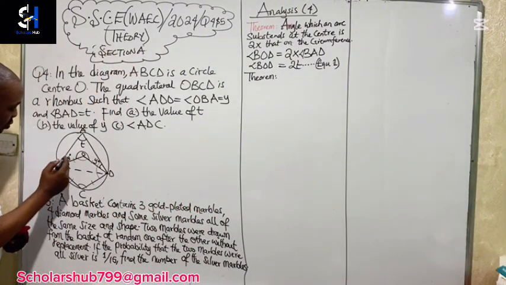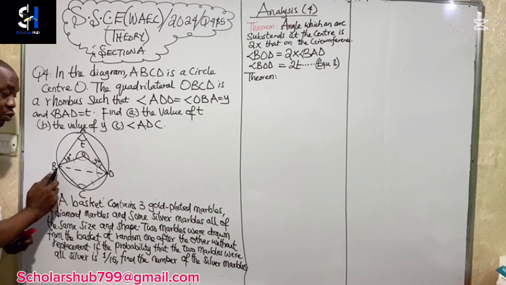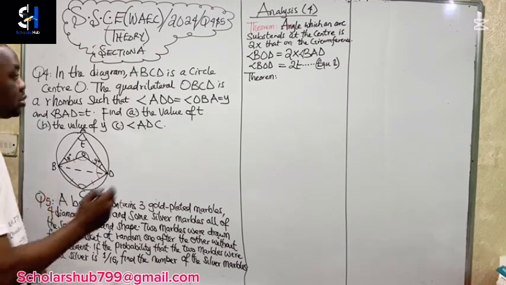Same with B and D: B is opposite D, or D is opposite B.